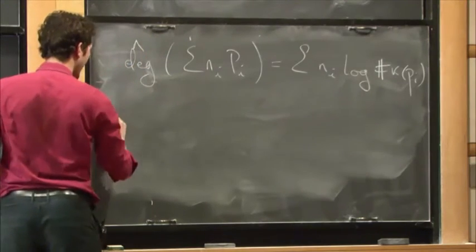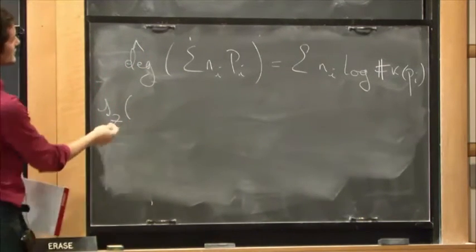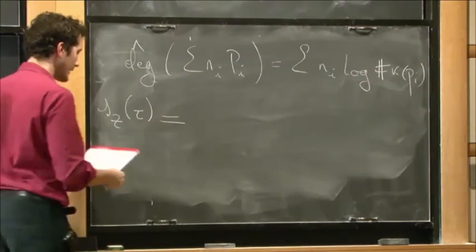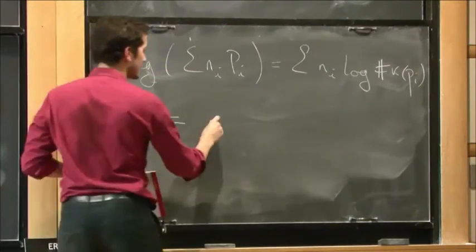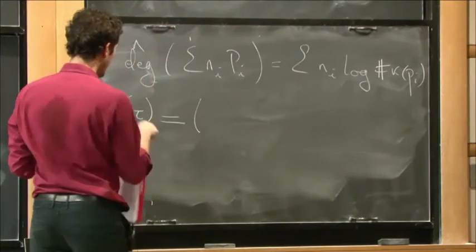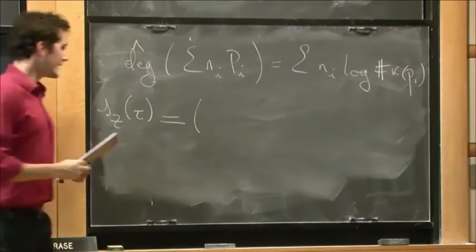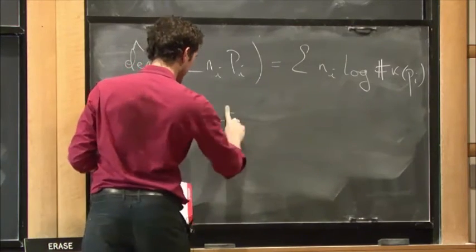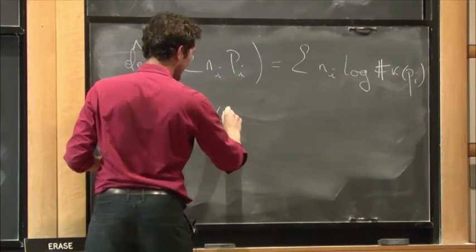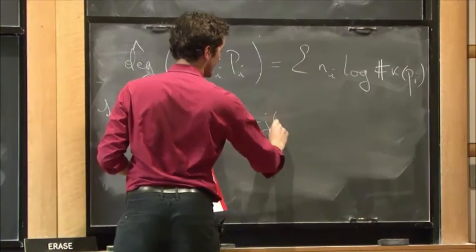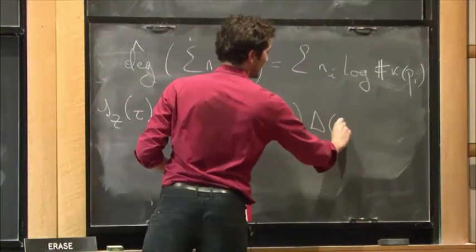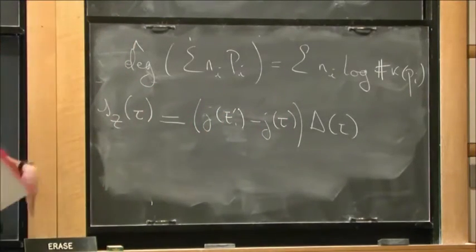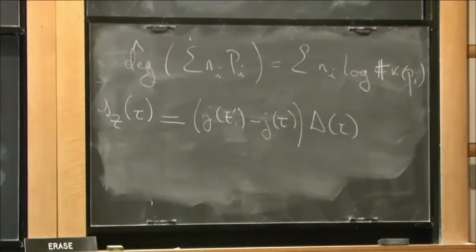When I write Sz, this is a section of O(1) that vanishes at Z. So Sz of tau is the following thing. I want to take a section that vanishes exactly at Z. Let's recall that Z is the divisor corresponding to the elliptic curve E prime. So this is J of E prime minus J of tau. Okay, so this vanishes exactly at J of tau, J of E prime, and we pair that against the Hecke orbit.